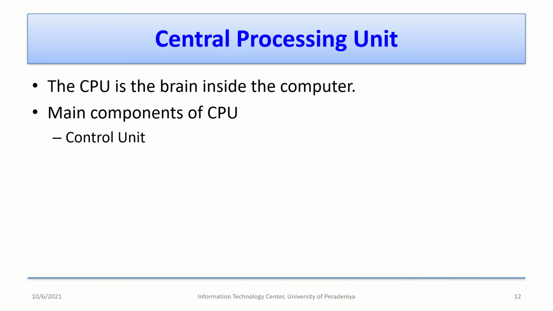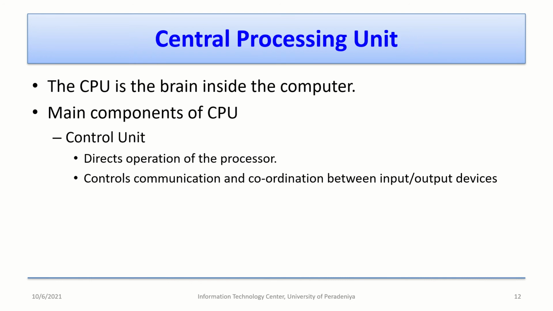The purpose of the control unit is to direct the operation of the processor. In addition to that, the control unit controls the communication and coordination between input and output devices, that is, this is the time to input data, this is the time to output data.